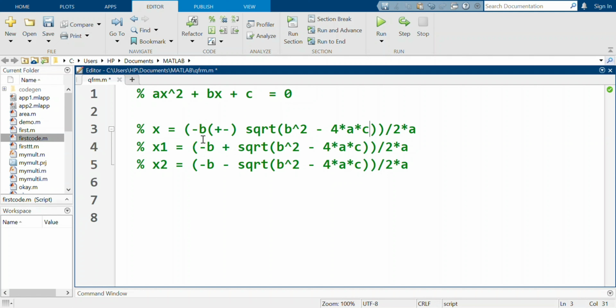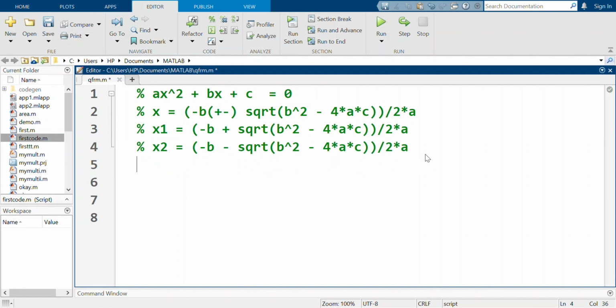When you write the formula in MATLAB, MATLAB will ask you what is b, what is c, what is a, what is x1, what is x2, what is the quadratic formula? I'm not understanding anything. So now let's just define what is a. Let's tell MATLAB that a equals 2 as an example, and b equals 5, and c equals 2 as an example.